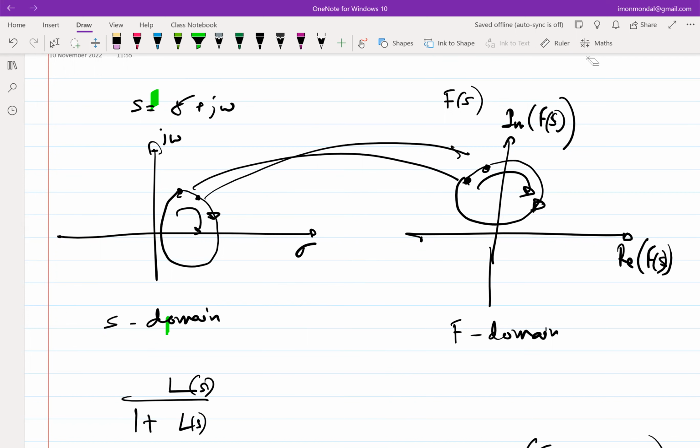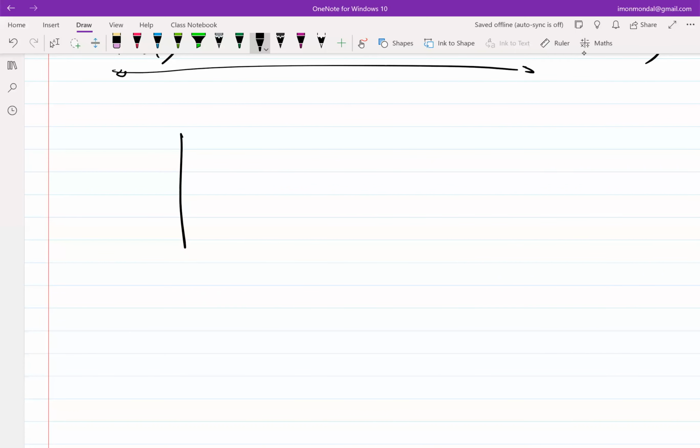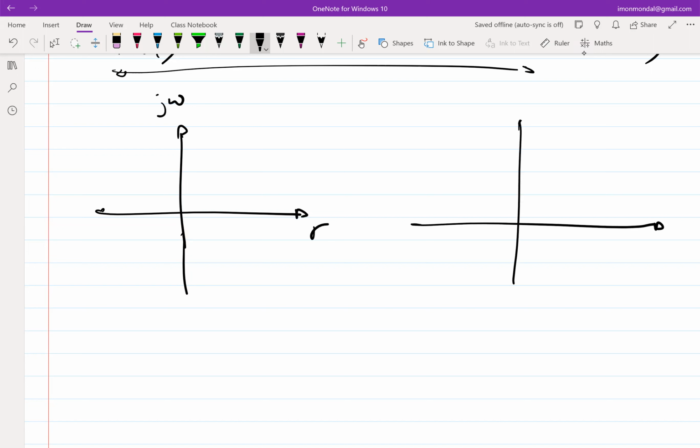Okay. So if I do the same thing here, let's say this is the S domain again, this is sigma, j omega. This is real of F of S. This is imaginary of F of S. Going by the same notation and logic that we used in the previous example, let's say this point S naught is a root of the function F of S. So where does this map on the F plane?